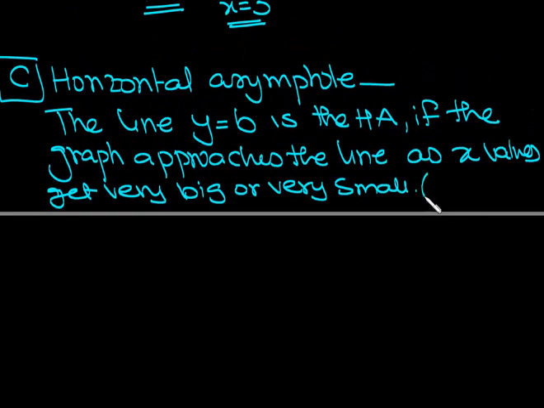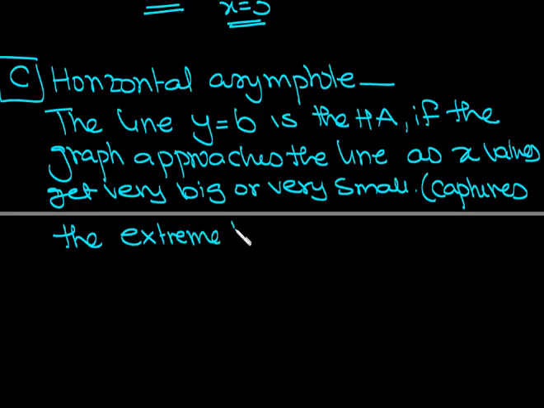So in essence, the horizontal asymptote captures the extreme behavior of the graph. How does a graph behave when you go all the way to the right of the graph and when you go all the way to the left of the graph? That's exactly what we did when we did polynomials, if you recall.